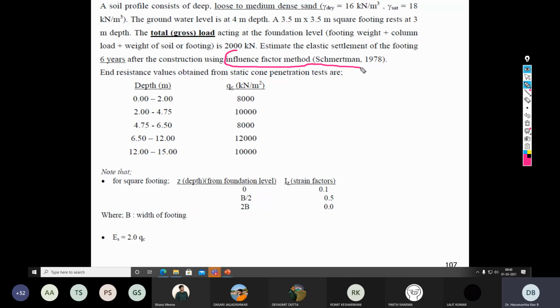That is the influence factor method proposed by Schmertmann in the year 1978.